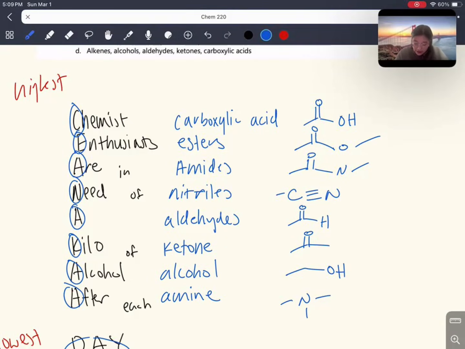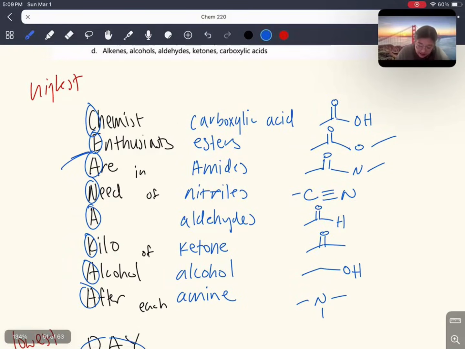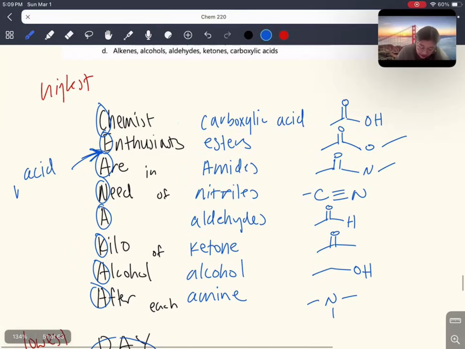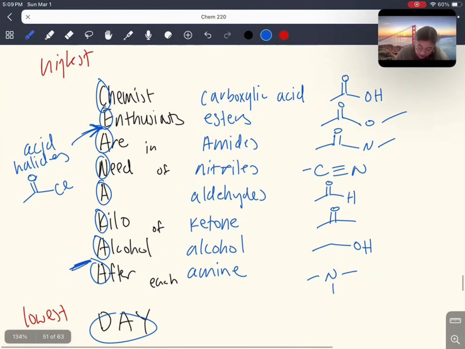For example, acid halides are inserted right here. Acid halides are carbonyl groups bonded to a chlorine. And thiols are lower priority than alcohols, but higher priority than amines.